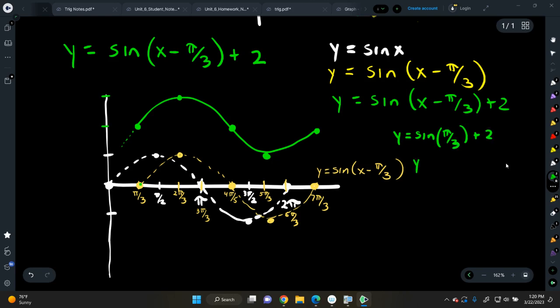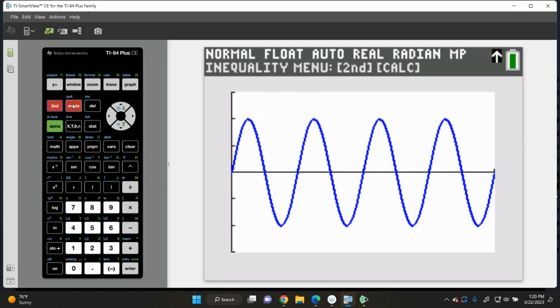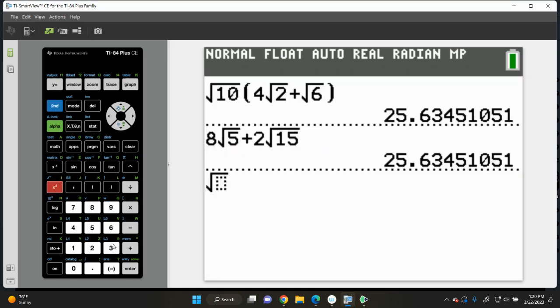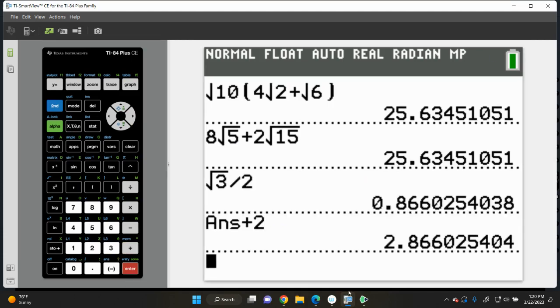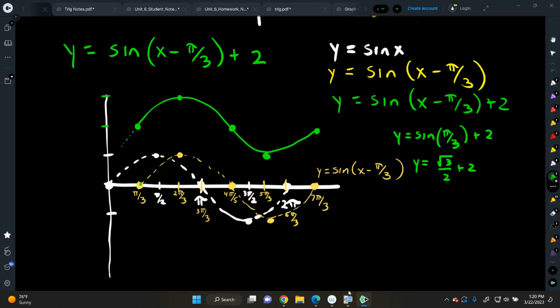The sine of pi over 3 is square root of 3 over 2, plus 2. So you could use your calculator to figure that out. Square root of 3 over 2 plus 2 is 2.87. So it's going to cross at approximately 2.87.